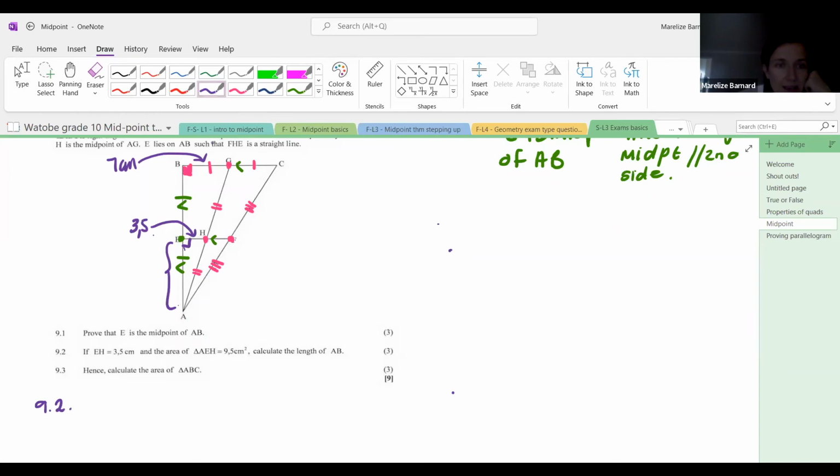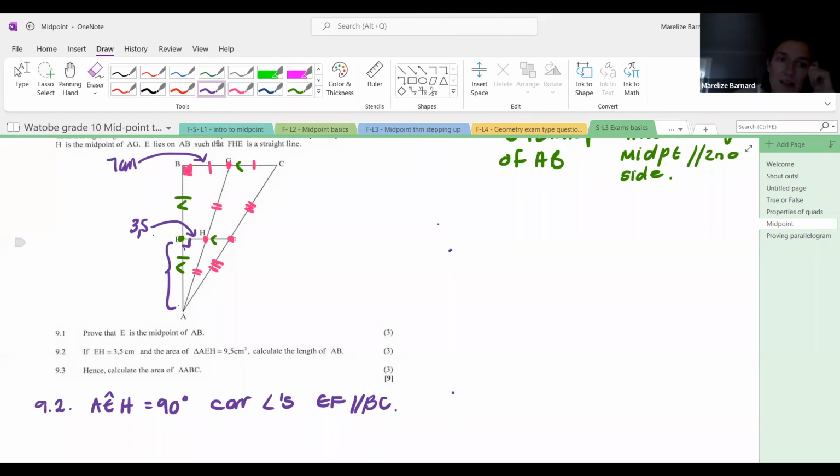Let's say that AEH is equal to 90 degrees because of corresponding angles, EF parallel to BC.